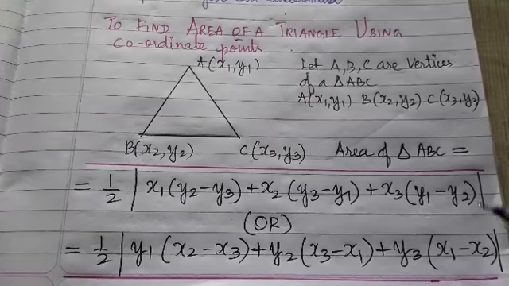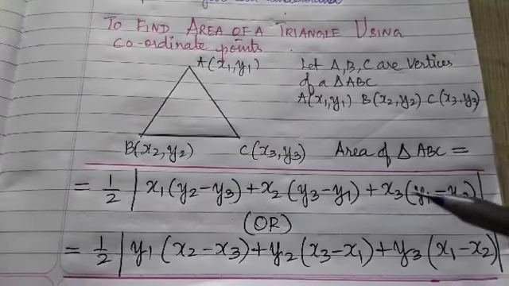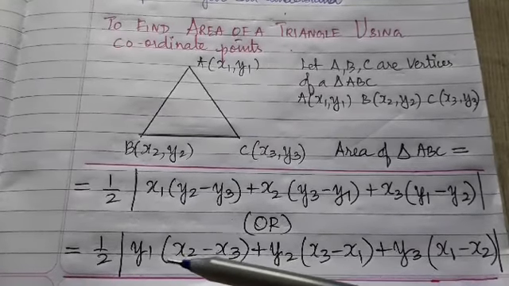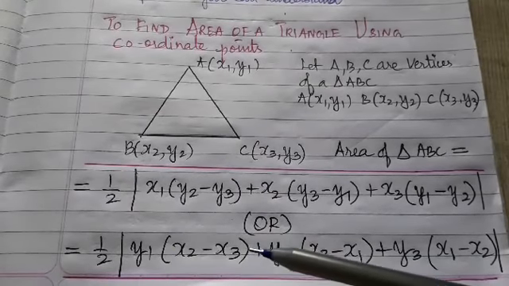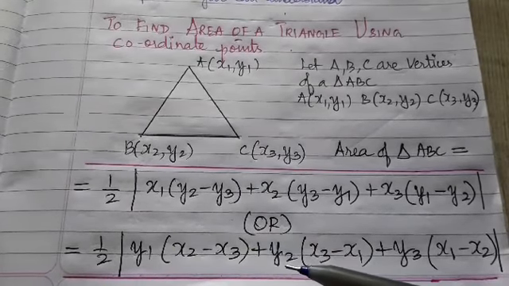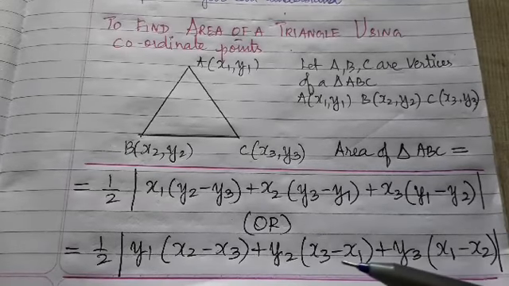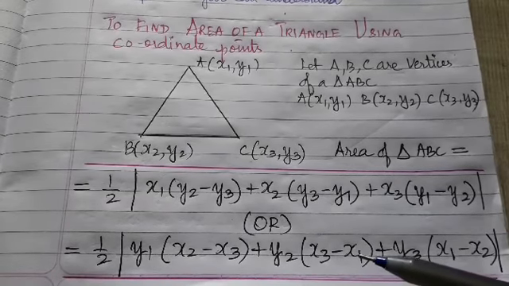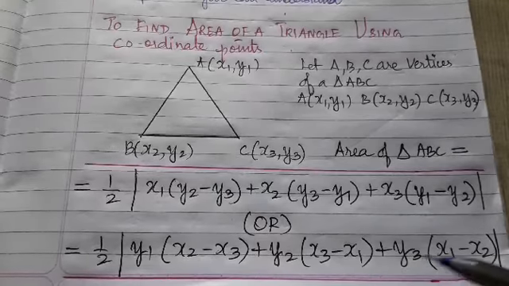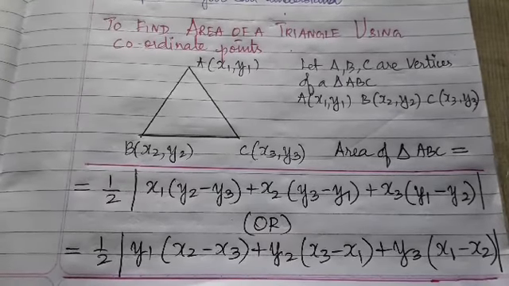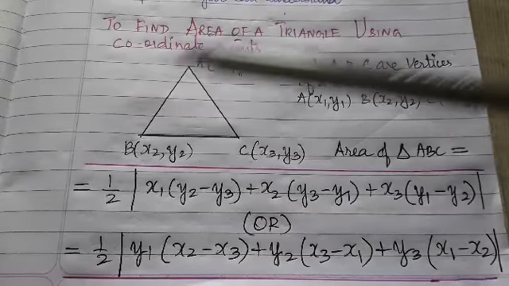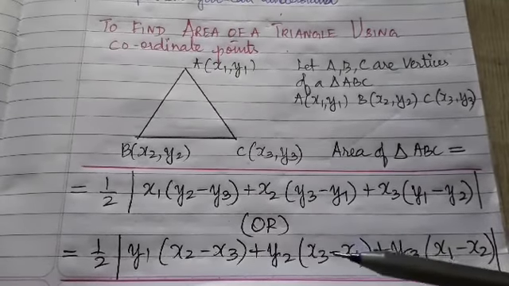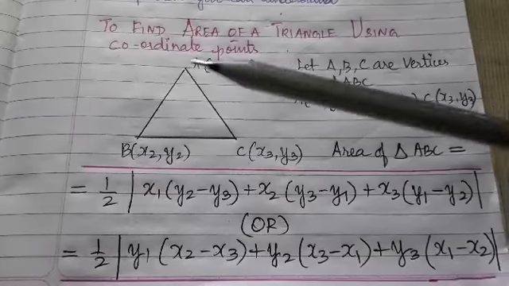Or in terms of y also you can write: half, absolute value of [y1(x2 minus x3) plus y2(x3 minus x1) plus y3(x1 minus x2)]. Either of the two forms can be used to calculate the area of any triangle using the coordinate points.